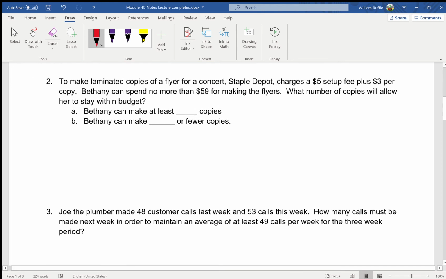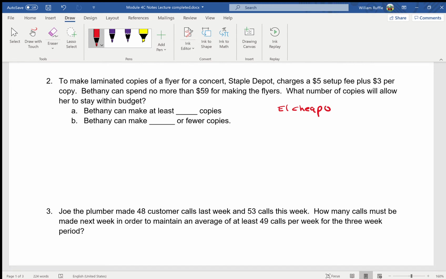This next question is just like El Cheapo car rental in the last section. If you remember that question from the prior notes, this will be pretty simple. Well, there's a $5 setup fee, so it's going to be $5 plus $3 per copy. I don't know how many copies I'm going to make, so I'm just going to make it 3C.